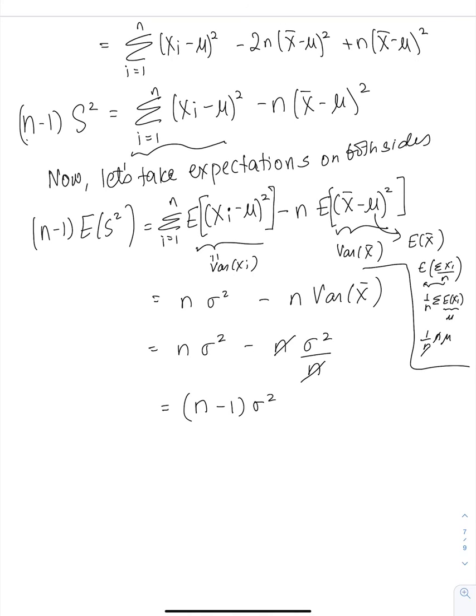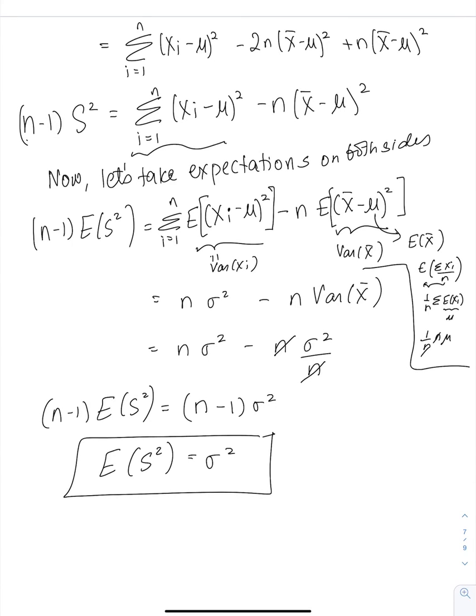Okay, so you have the result that n minus 1 times the expectation of s squared is n minus 1 times sigma squared. So the expectation of s squared is exactly sigma squared. And that is why in the definition of s squared you needed a 1 over n minus 1.